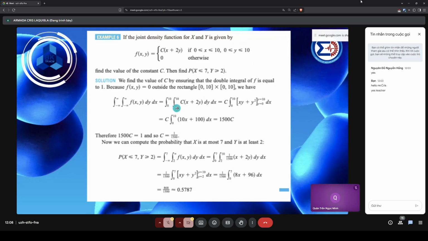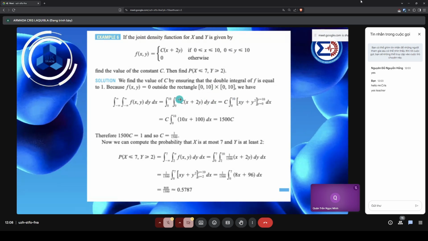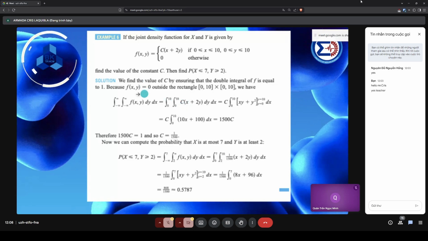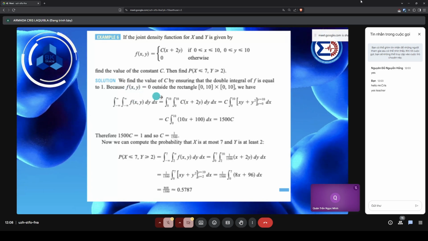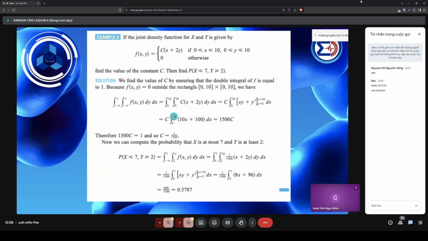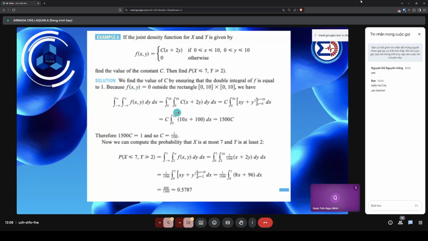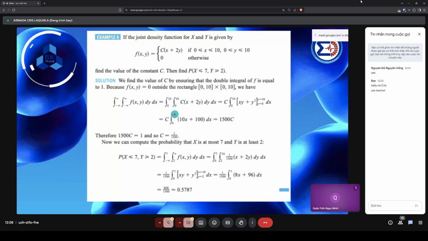Now, that is the rectangle, and outside the rectangle, class, from 10 to positive infinity, it's 0. The reason is f of xy is equal to 0 outside that rectangle. So from negative infinity to 0, it's also 0. That is why we only consider the numbers inside your rectangle, 0 to 10.